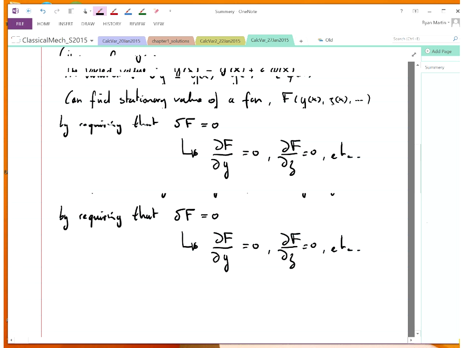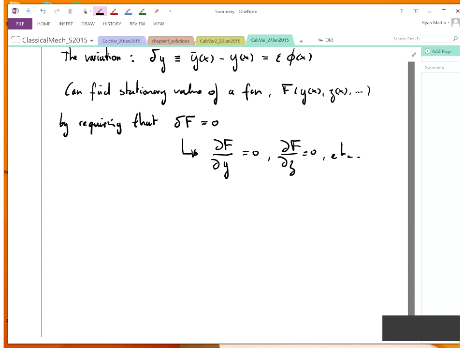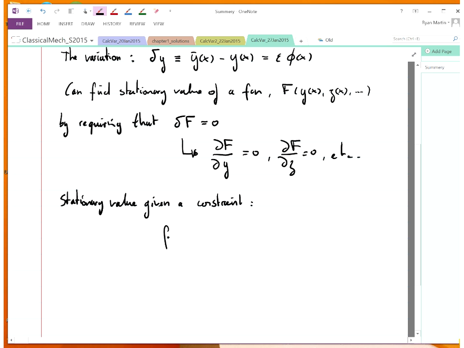And then finally, we considered the case of stationary value given a constraint. So let's say that the constraint is given by some function of the variables that capital F depends on.